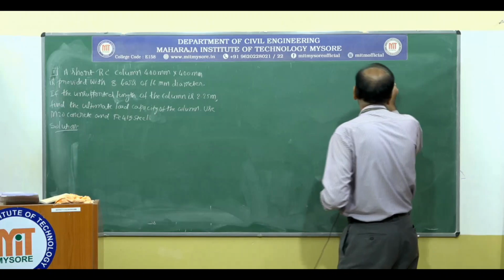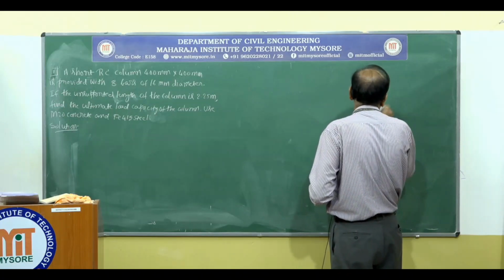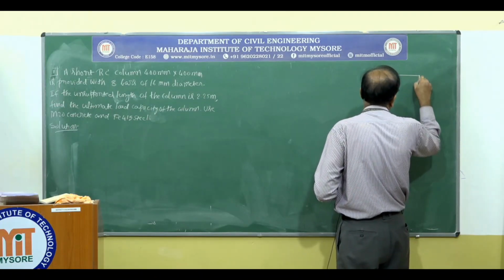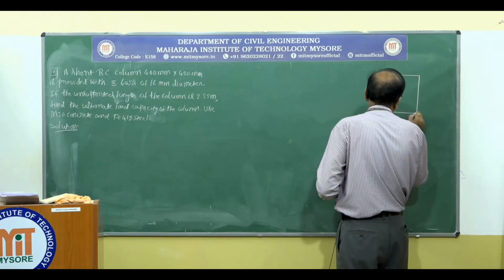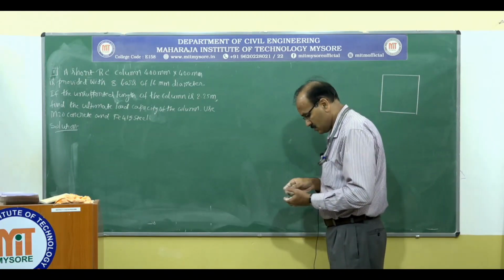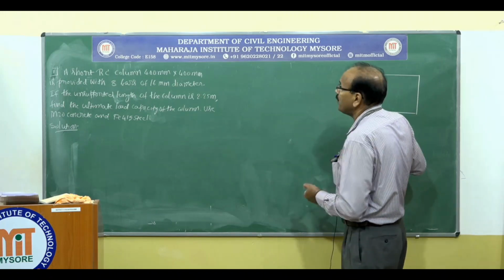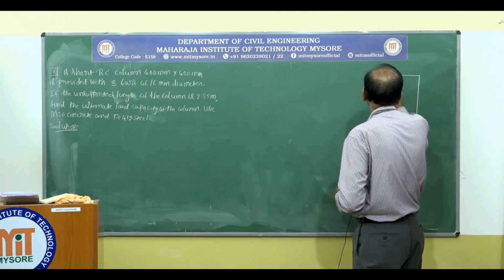So please write down this figure. The column is like this. So how many bars we have? 8 bars.